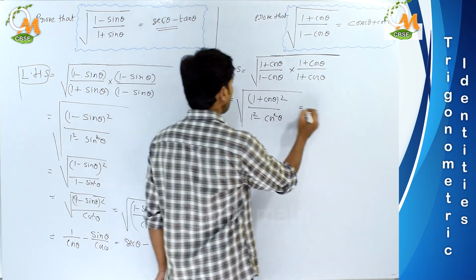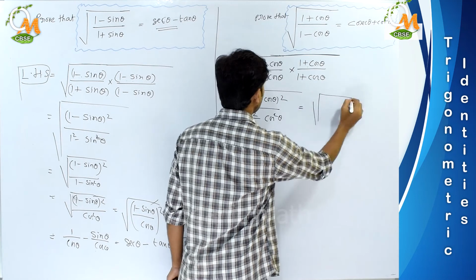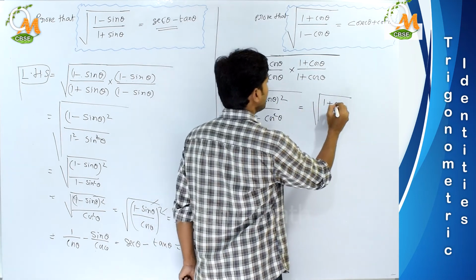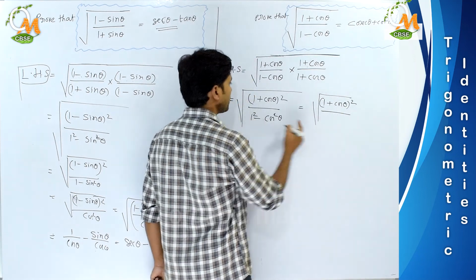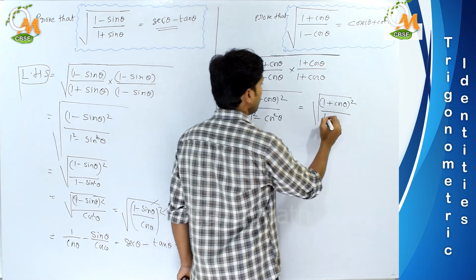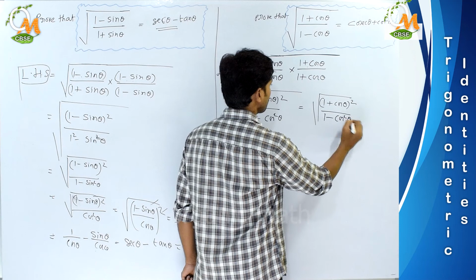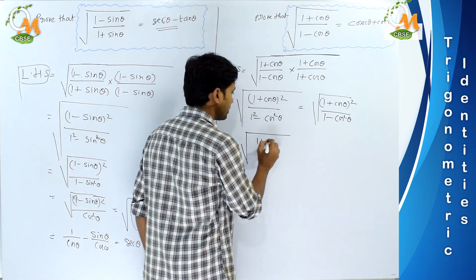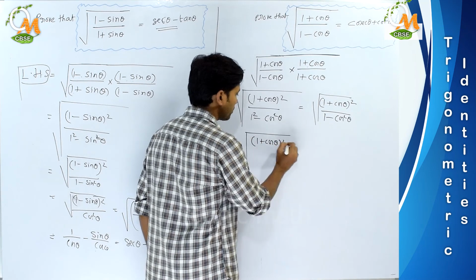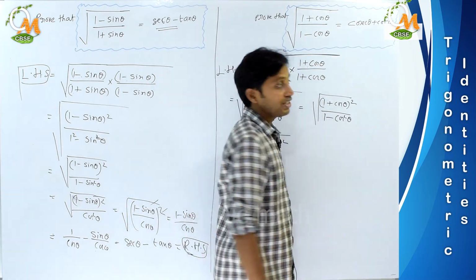So how can we further write it? This 1 plus cos theta whole square by, 1 square is 1 itself, 1 minus cos square theta. So now tell me what it is. 1 plus cos theta whole square by 1 minus cos square theta would be what?